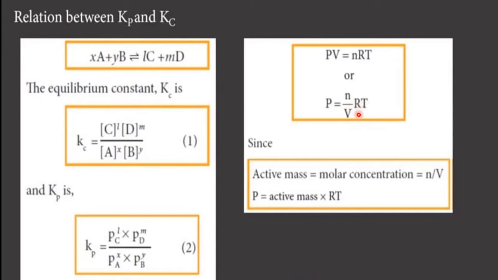Here n by V is nothing but concentration or active mass, the number of moles in a volume. So instead of n by V we replace it by concentration. So P is equal to active mass into RT, or concentration into RT.